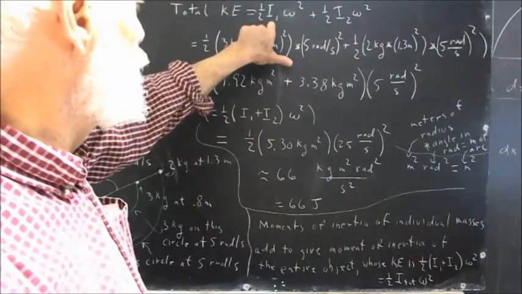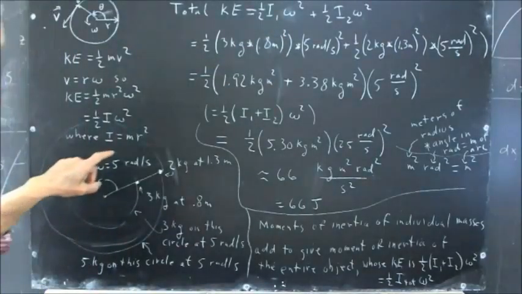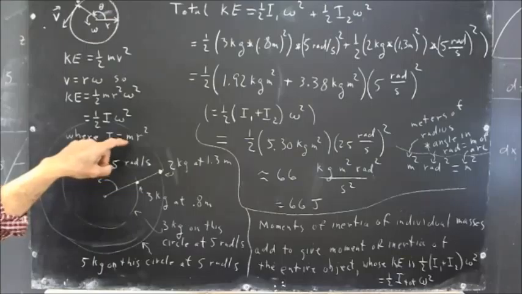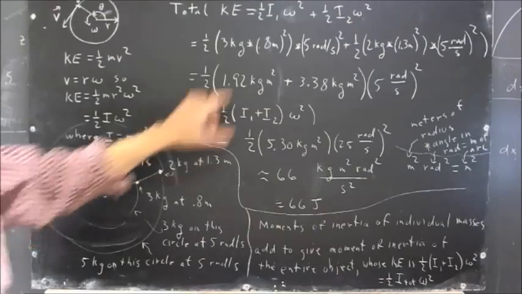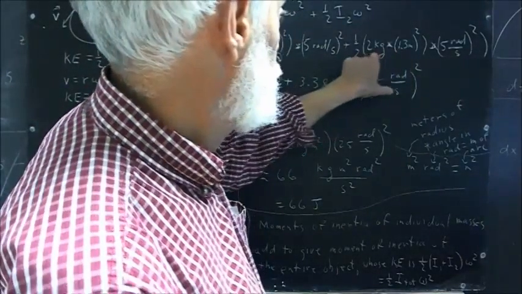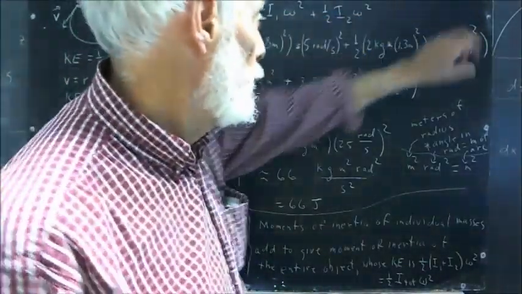The moment of inertia I1 is 3 kilograms times 0.8 meters squared, using the fact that the moment of inertia of a mass at distance r from the axis of rotation is mr squared. And I've done the same here with the 2 kilograms and the 1.3 meters. So I've got this expression just represented here.